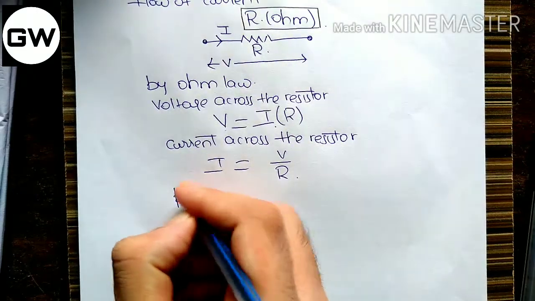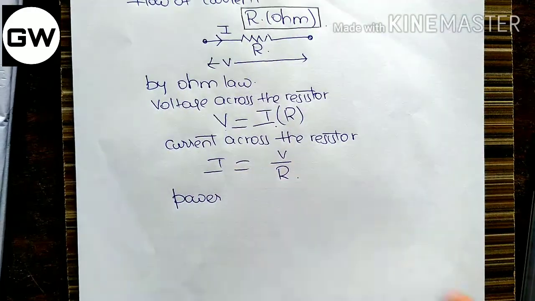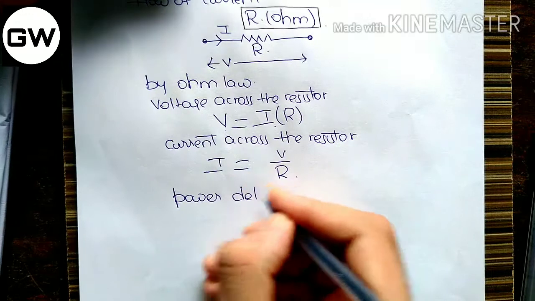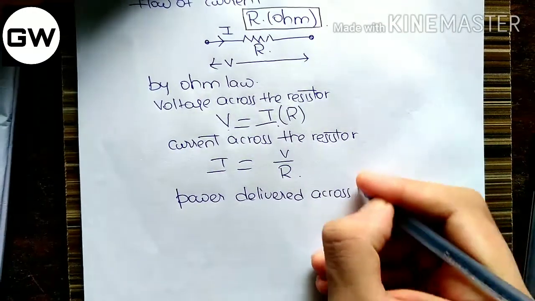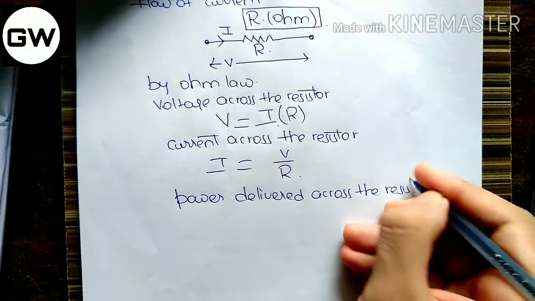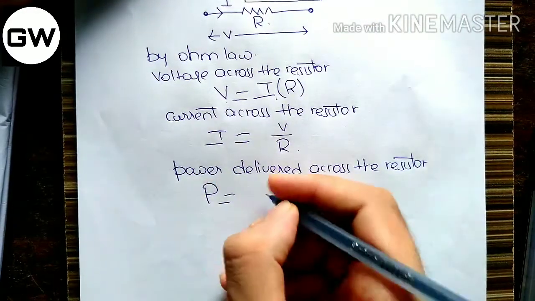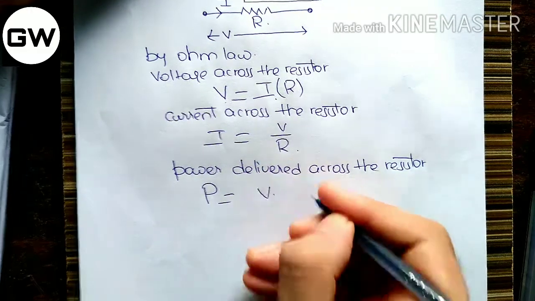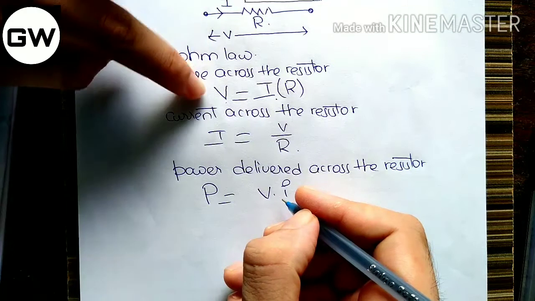The power delivered across the resistor, P is equal to V into I. This is the general formula. But what is the value of V?